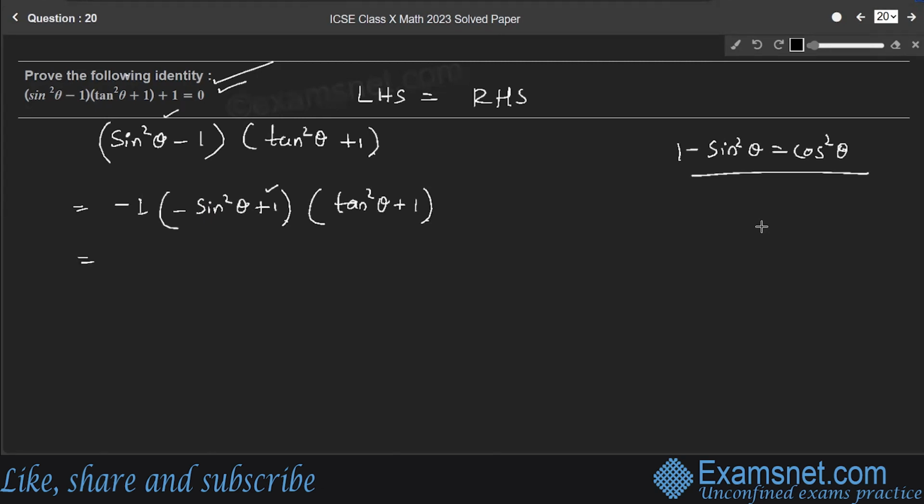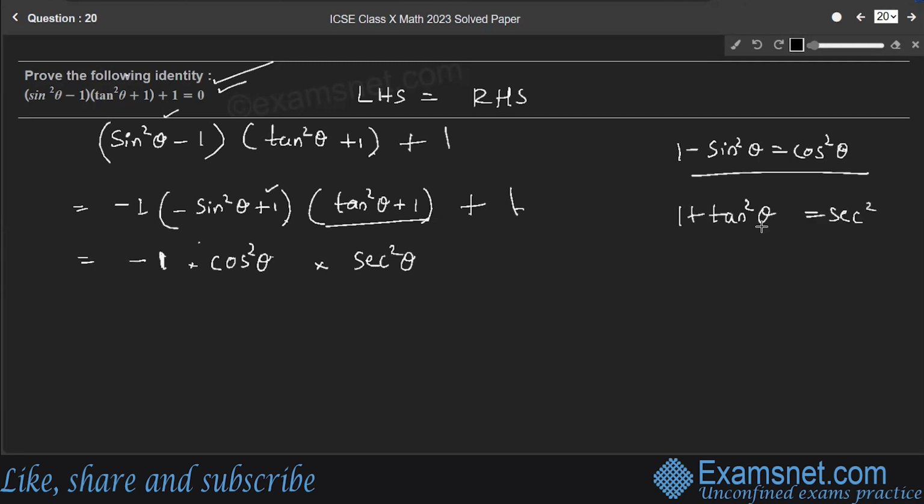So we'll write minus 1 into, here there is one more term which is plus 1. We forgot to take this plus 1. So minus 1 into 1 minus sin square theta is cos square theta, into 1 plus tan square theta, which is secant square theta, because 1 plus tan square theta is always secant square theta.